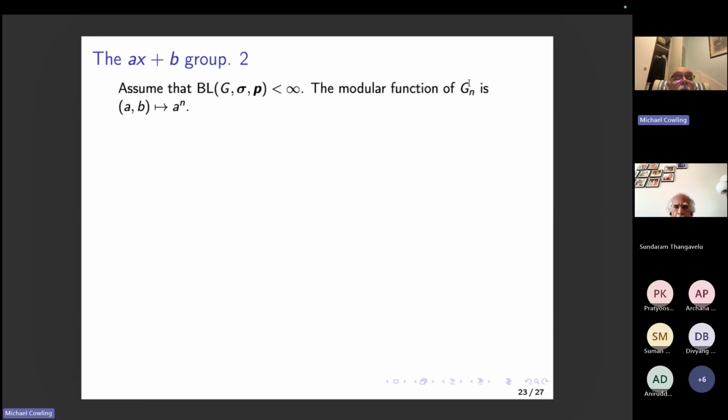And if you translate on the right by an element (a, b), then you change the Haar measure by a factor a to the n. That's what the modular function is, and that's just a property of these groups.